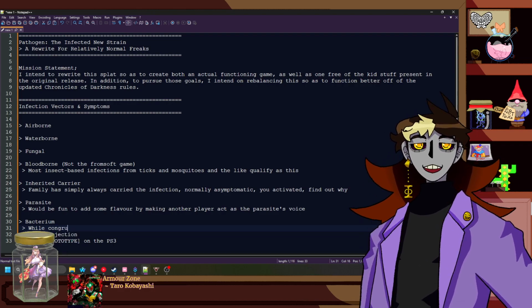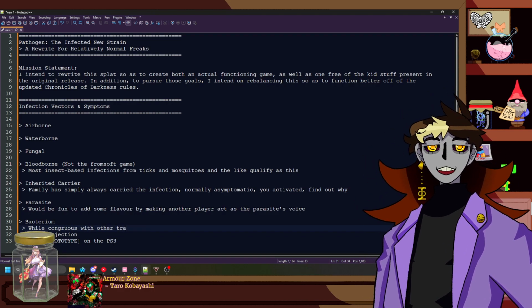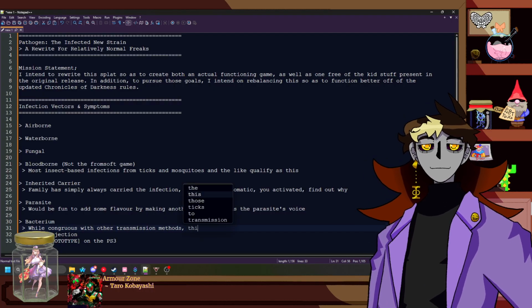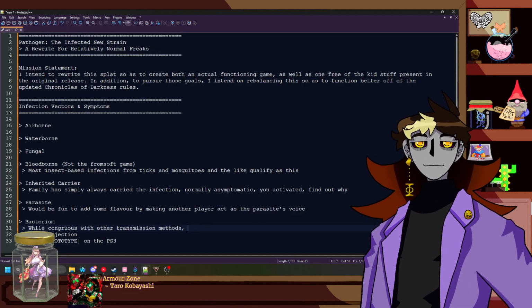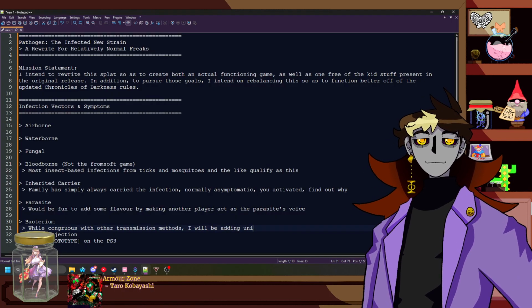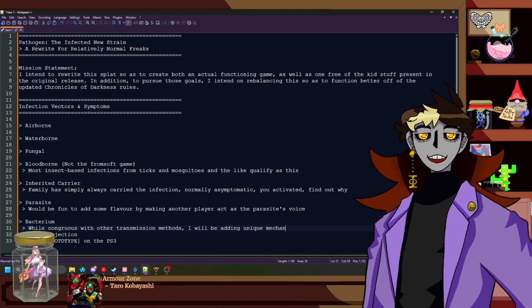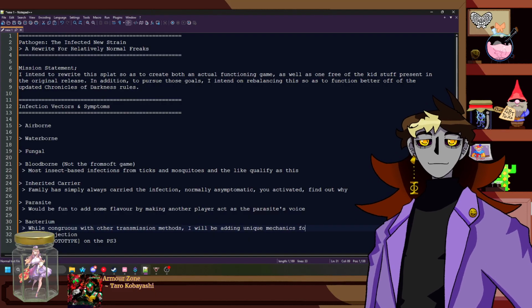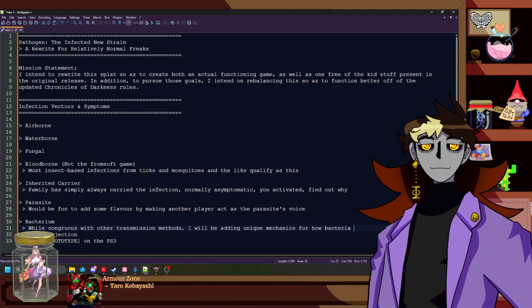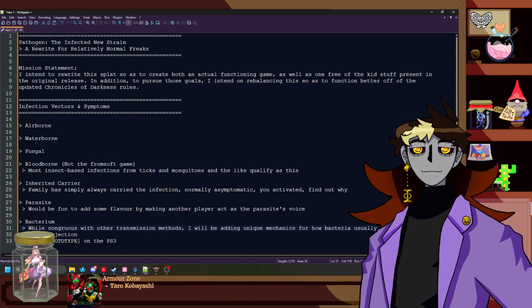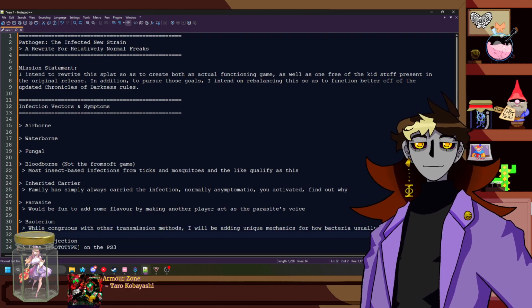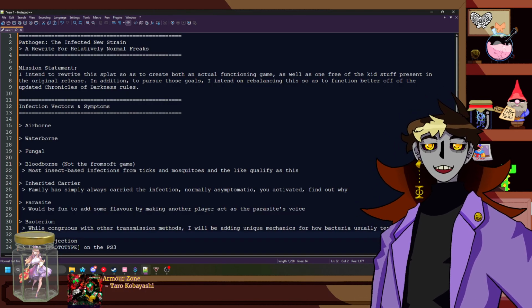While congruous with other transmission methods, this I will be adding unique mechanics for how bacteria usually tend to adapt. There we go.